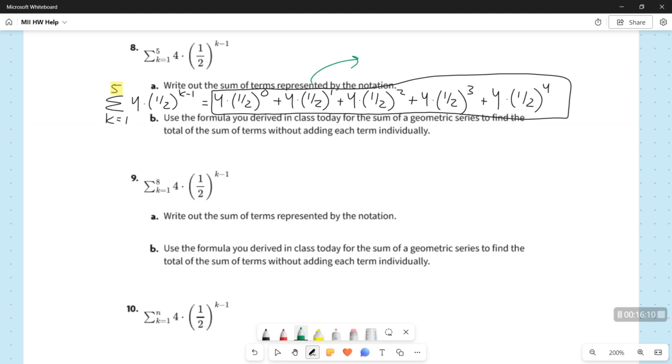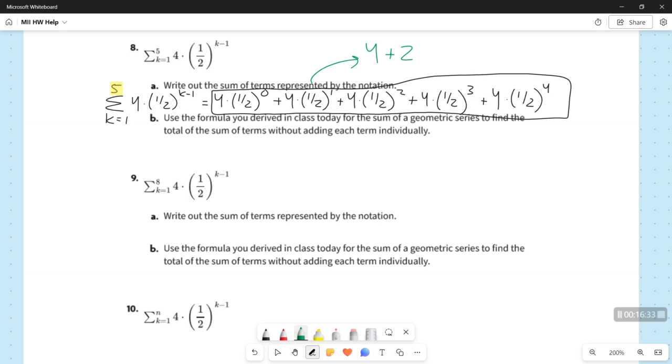So for my first term, 4 times 1/2 to the 0. Again, any non-zero value to the 0 is 1, and 4 times 1 is 4. Plus, for my second term, 1/2 to the first power is 1/2, and 4 times 1/2 is 2.